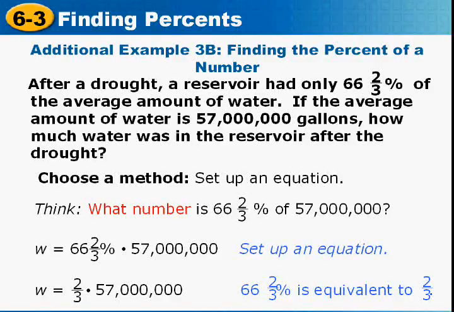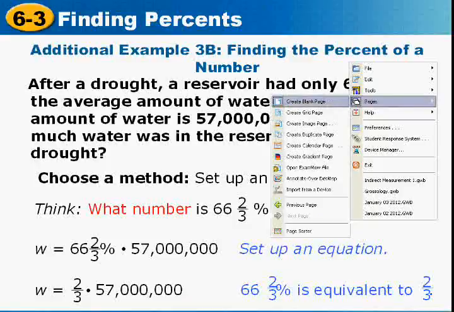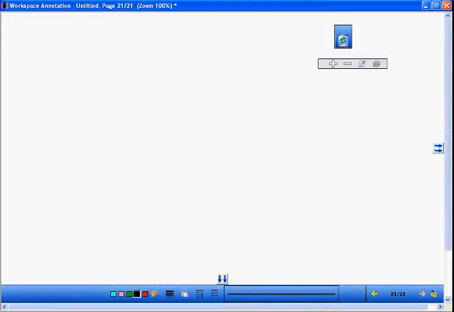Here we did 66 2/3. If you remember, changing a percent to a decimal, you move the decimal place 2 to the left. 66 2/3 is the same as 66.66666666, repeating.